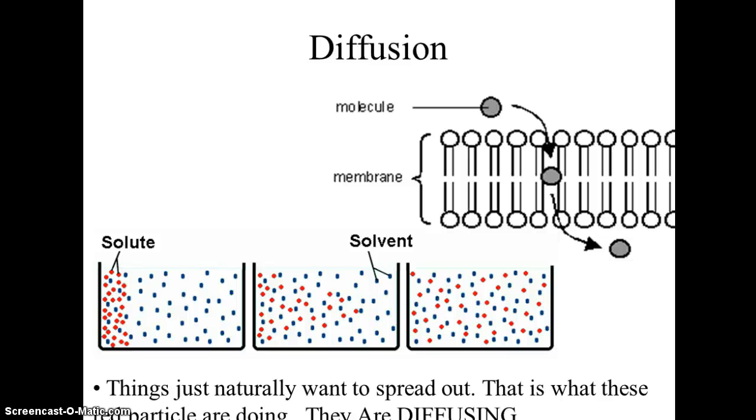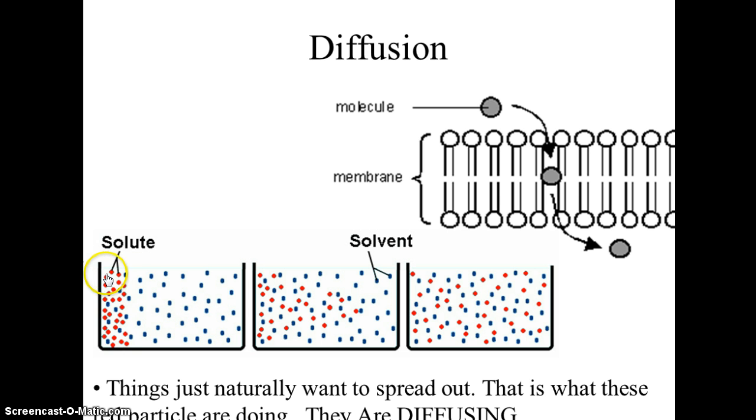First, diffusion. You have here on the bottom three different solutions, three different containers. And in this first container, you have a solute and a solvent. So the solute molecules are in red here, and the solvent molecules are the blue dots throughout the whole container.